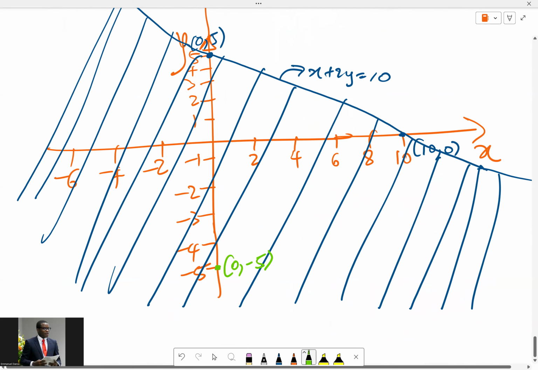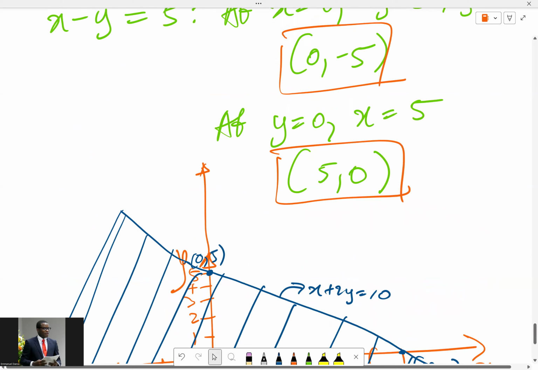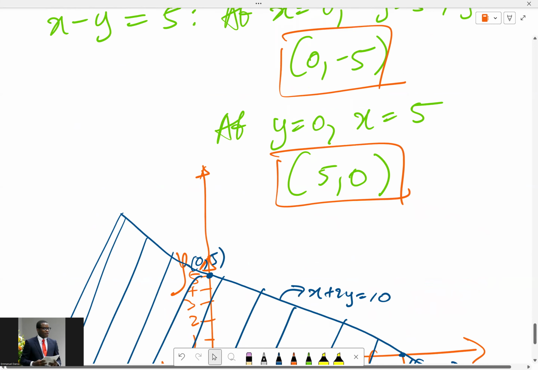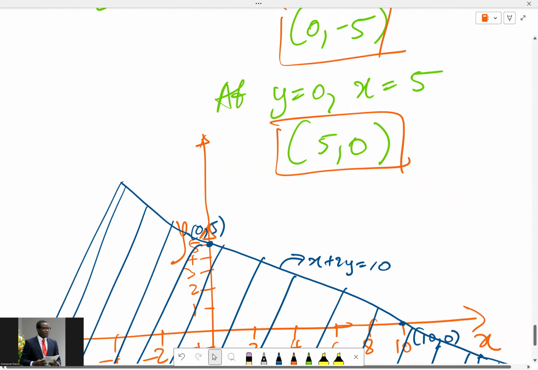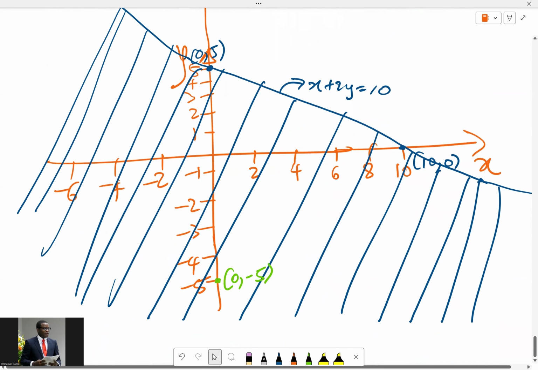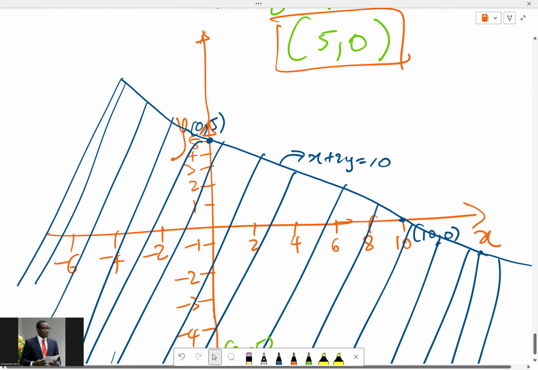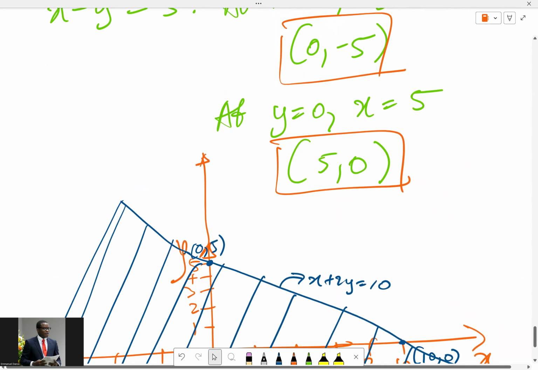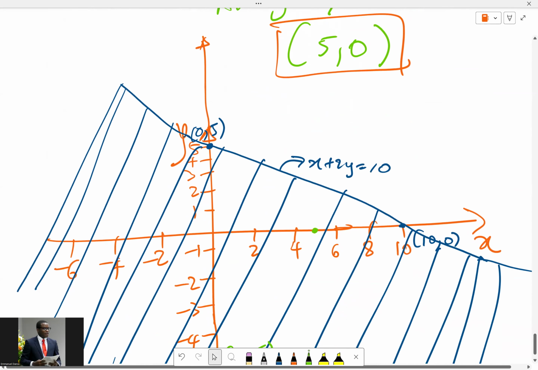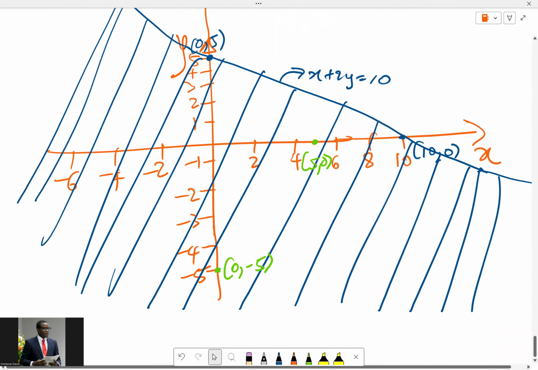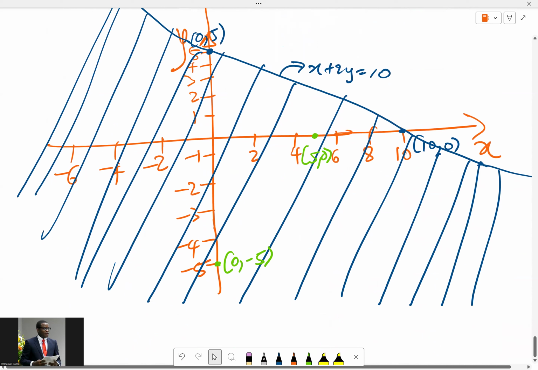Then the other one, when y is 0, x is 5. So that means x is 5 around here. This is 5, comma 0. Again, you can join those 2 points together like that.